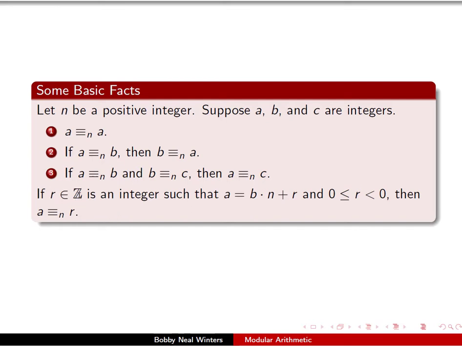If r is an integer so that a is equal to b times n plus r, then a is equivalent to r mod n. So if we divide a by n and it leaves r as a remainder, then a and r are equal mod n.